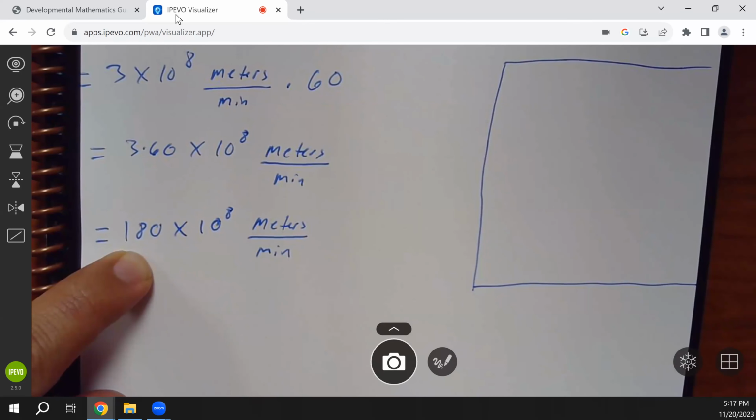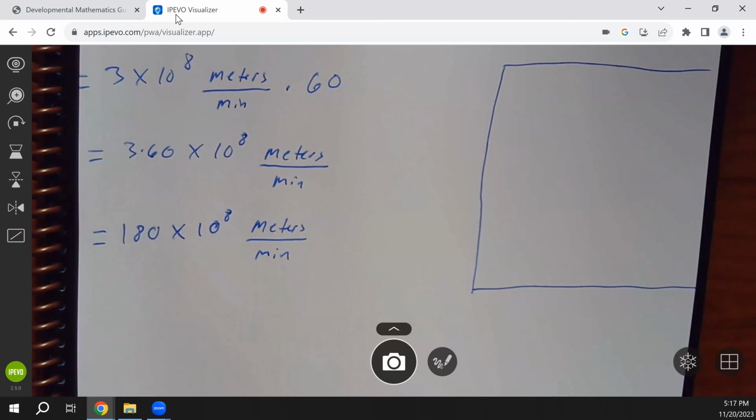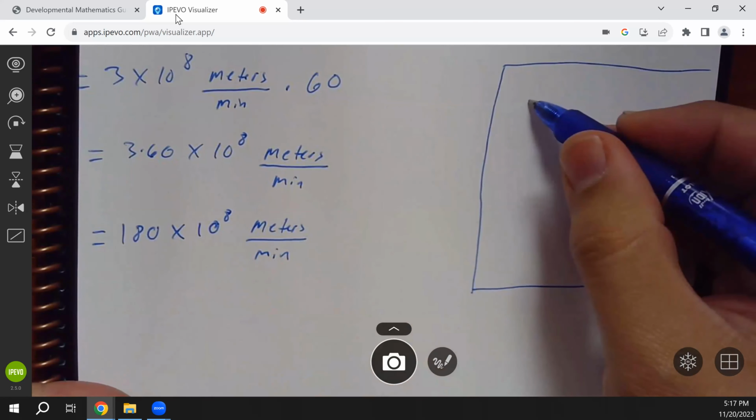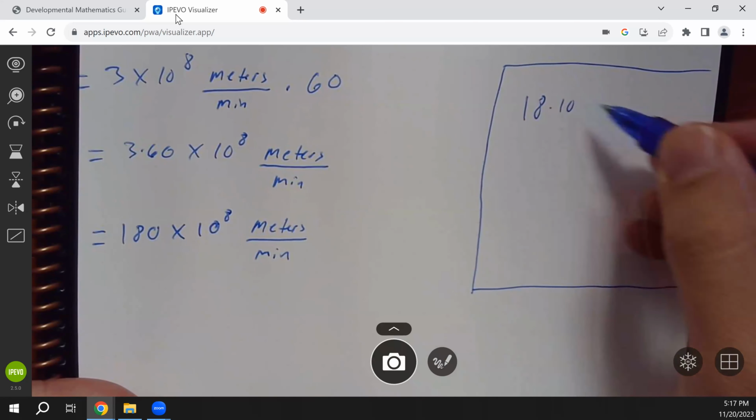How do I adjust this? See that 18 times 10 is the same as 180.